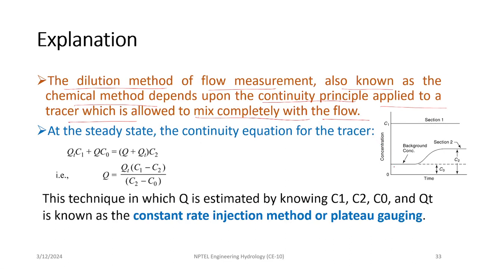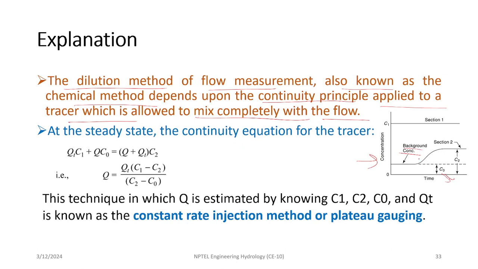You can observe in this graph that initially C0 is the dissolved concentration already present in the water before starting the test, that is, the background concentration.